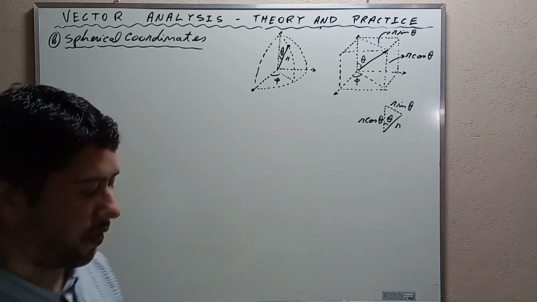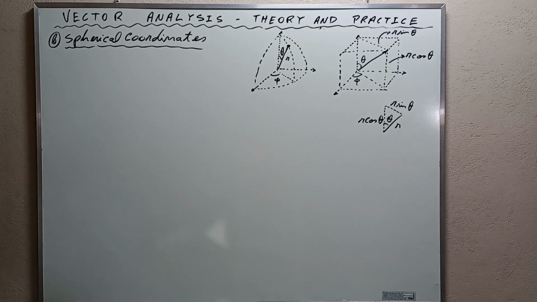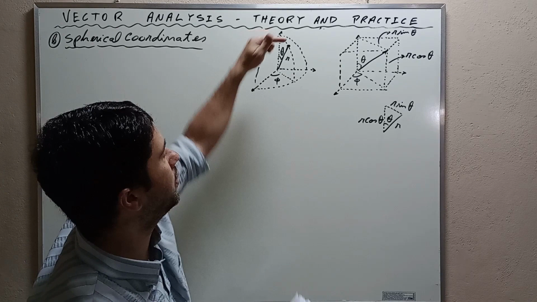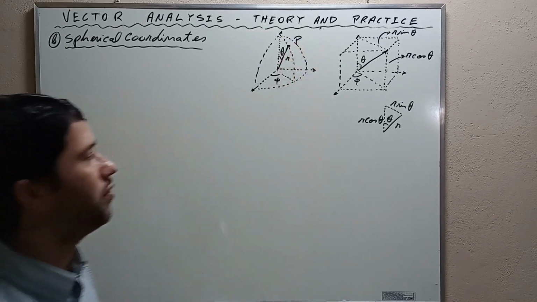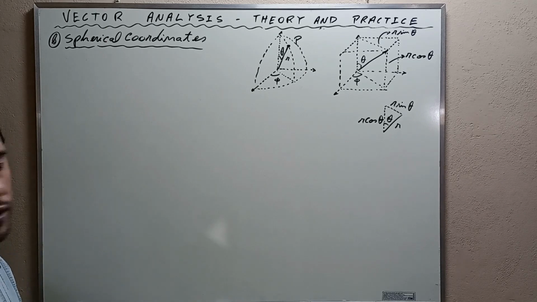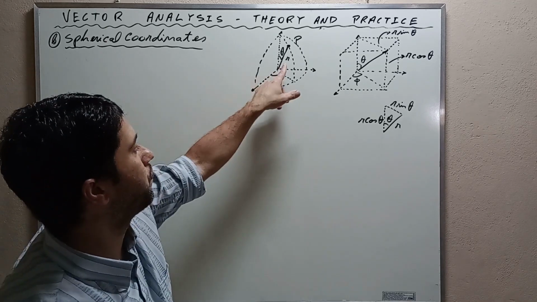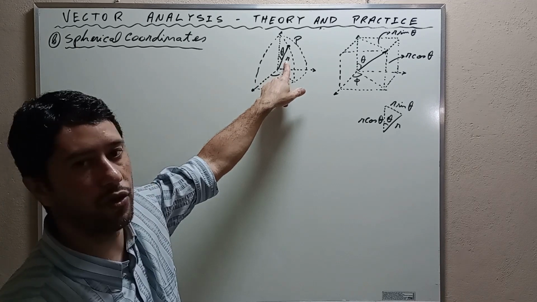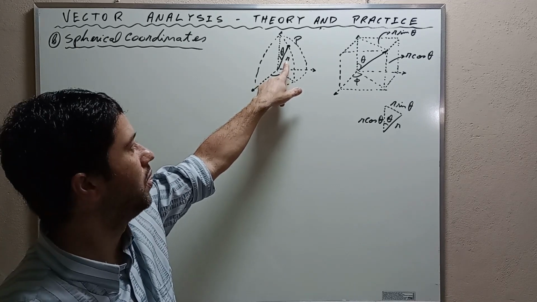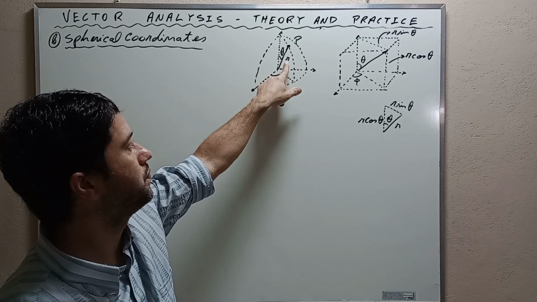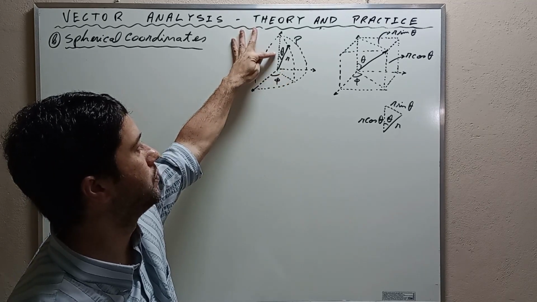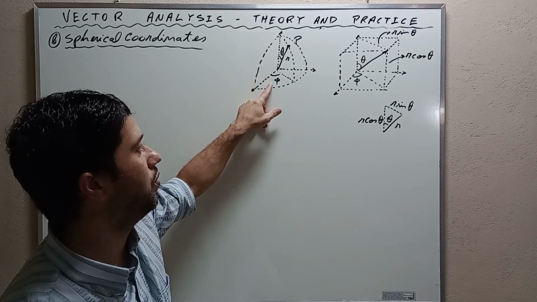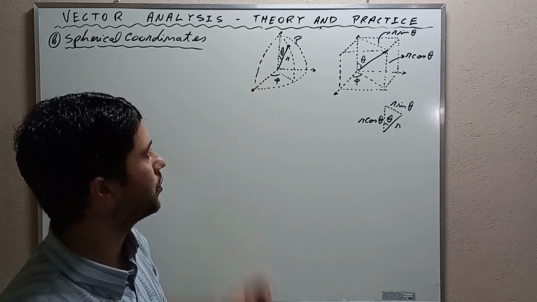Let's understand now the spherical coordinates. Take a look at this point here, point P. It is expressed in spherical coordinates by the magnitude of a vector r, this angle here, theta, and this angle phi. Okay?